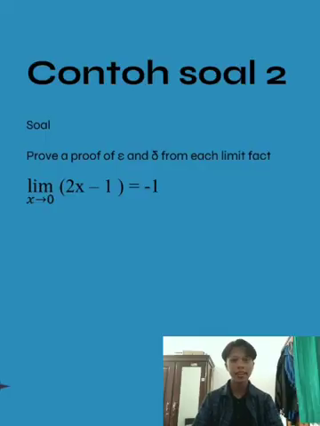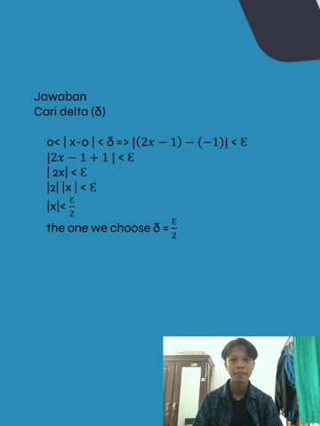Okay, second question from another source: prove epsilon and delta from its limit fact of the limit as x goes to 0 of 2x minus 1 equals minus 1. Write the question again to find the delta, and find that 0 less than |x minus 0| less than delta implies |2x minus 1 minus (negative 1)| less than epsilon.